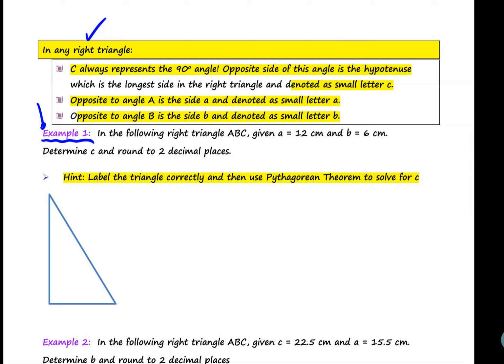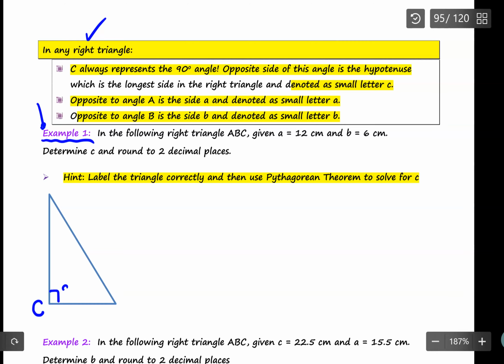For this triangle, I always label this angle as C, which is the 90 degrees. So this is a small letter c as the hypotenuse.